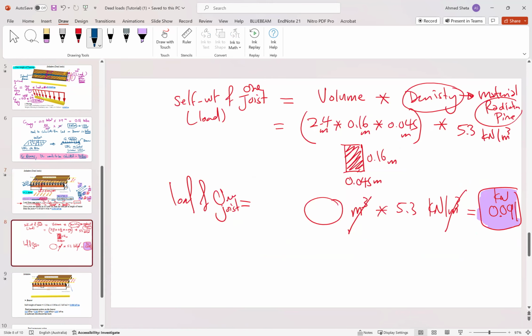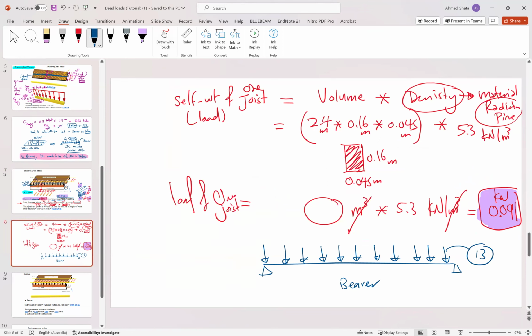One of the ways to find the loads is if we draw the free body diagram for the bearer. So these are the joists. Each one of these, we have 13 of them. Each load is 0.091 kilonewton, 0.091 kilonewton, and so on.